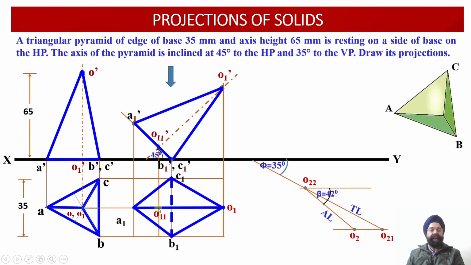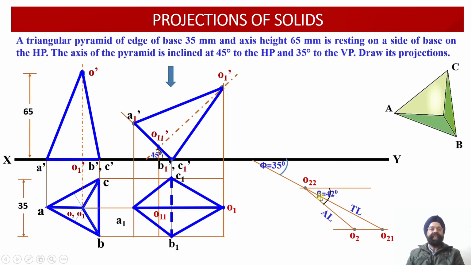This length is equal to the apparent length and it is equal to the O11 distance over here. Having marked this apparent length, we know that this is the orientation along which this figure of plan projection needs to be rotated. Now we are going to measure the angle of inclination of the apparent length of the axis with respect to the vertical plane.